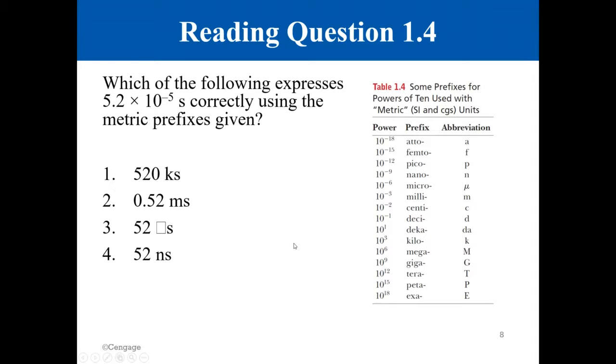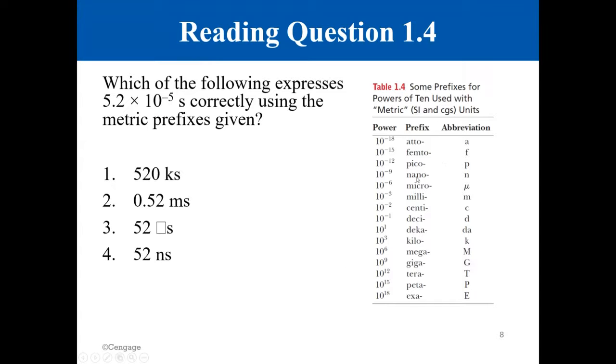Then when we report about our measurements in physics, quite often we'll be dealing with very small numbers or very large numbers. Either way, we use prefixes to help us represent the quantities. Like in this case, which of the following expresses 5.2 by 10 to the minus 5 seconds correctly using the metric prefixes given?